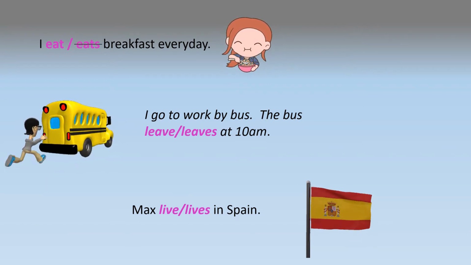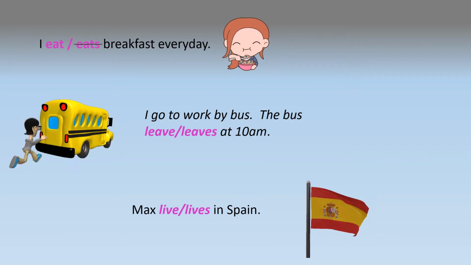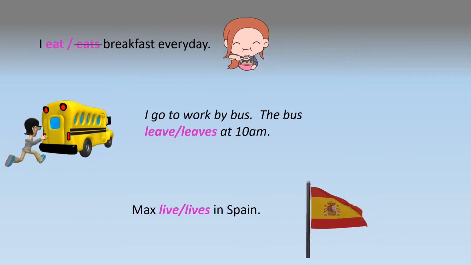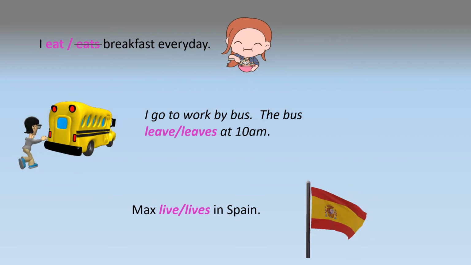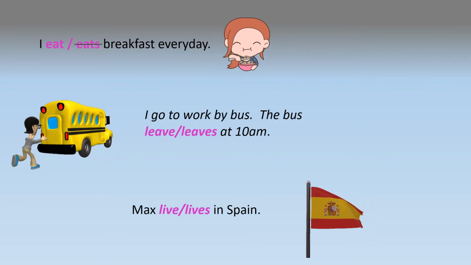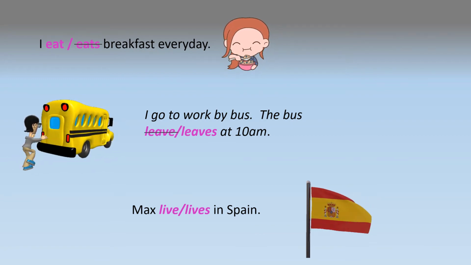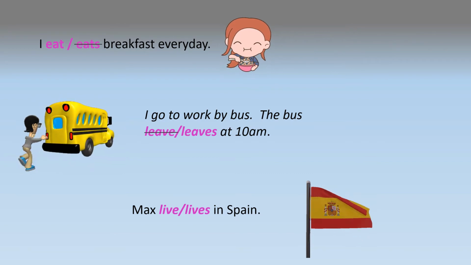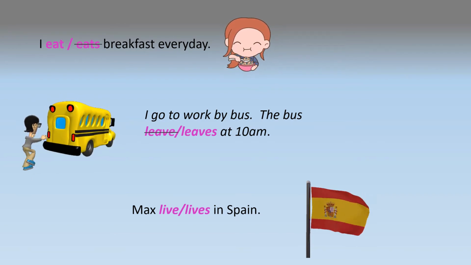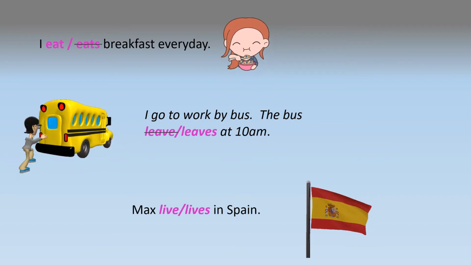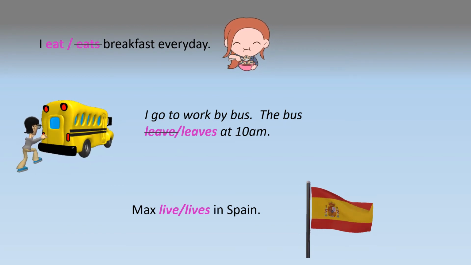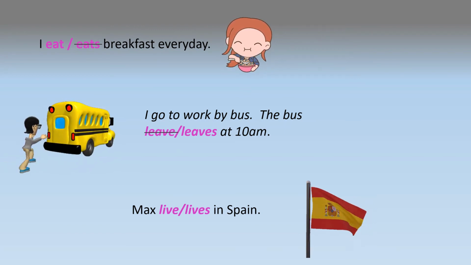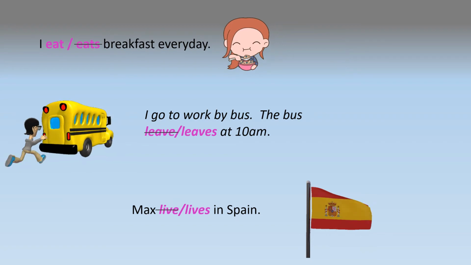Now, in the second example, I go to work by bus. The bus leaves at 10 a.m. Because the bus is something else that you're talking about, it's not I. Okay, Max. Max lives in Spain. Yes, Max is somebody else that we are talking about.